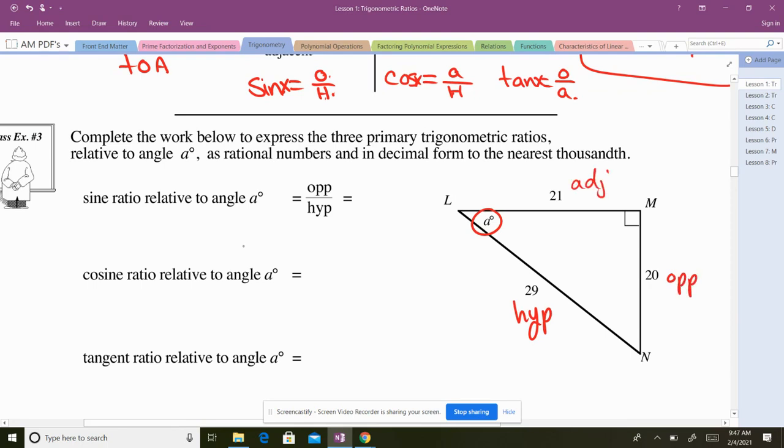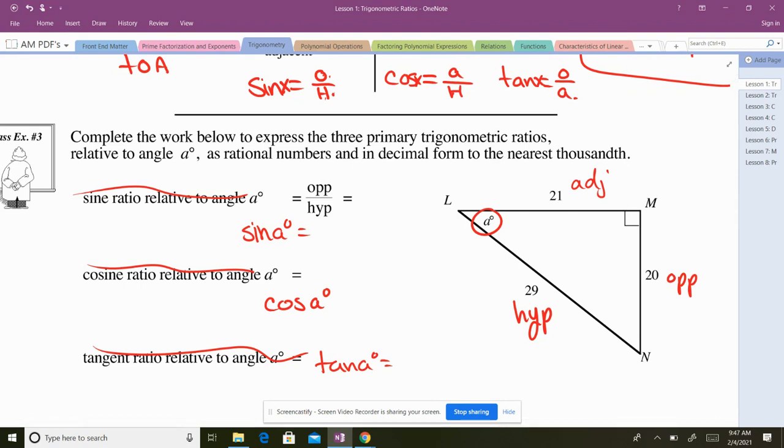Tell me what is sine of A? 20 over 29. Opposite over hypotenuse. What is cosine of A? There you go. Adjacent over hypotenuse. And tangent of A?